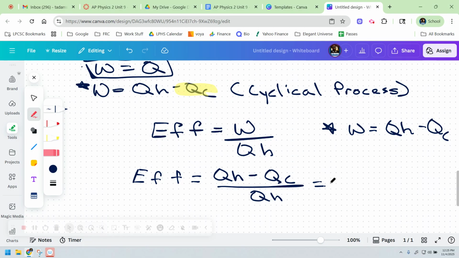which can be written like this: QH over QH minus QC over QH.